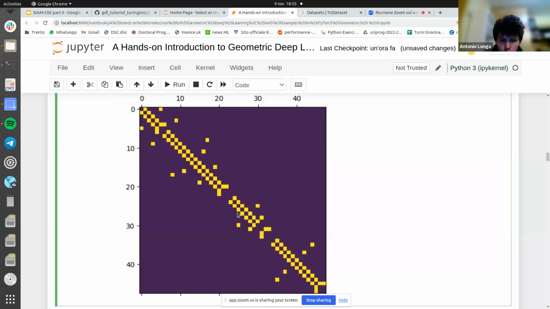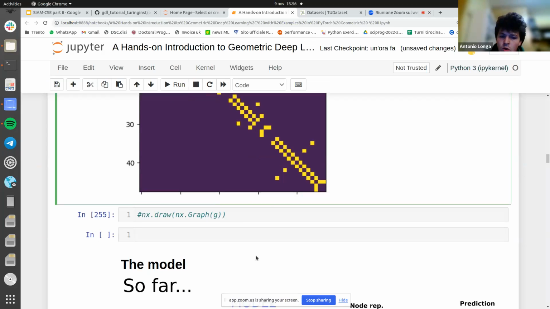So here it's not super easy to see, but you can easily see that this one is the first graph. This one is the second graph, and this one is the third graph. And you don't have any interaction among different components. You can imagine this as having a network with disconnected components.